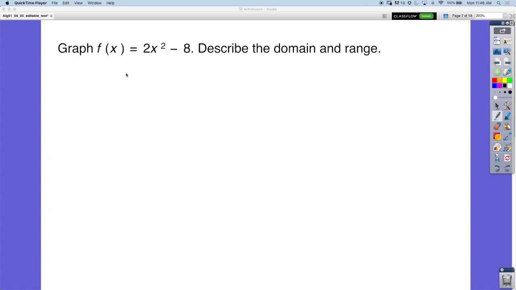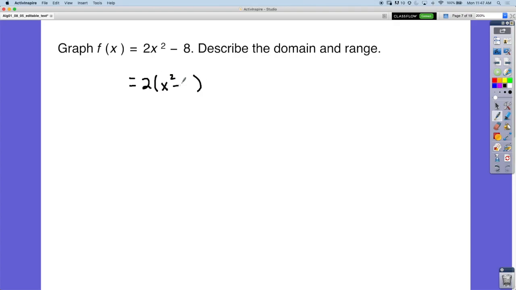Example, and it is not in intercept form. Let me get it in intercept form, and I get it in intercept form by factoring. So let's do that. GCF 2. What's left? Minus 4. Oh my goodness, I recognize that. That is a dots problem.